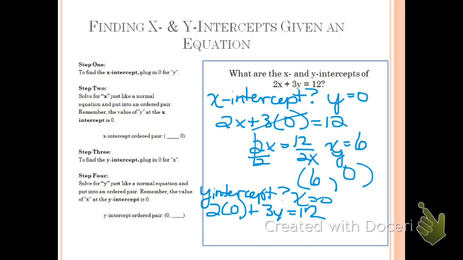Well, 2 times 0 is 0, so you can cross that off, and you'll get 3y is equal to 12. Divide both sides by 3, which will cancel out those 3's, so therefore y is equal to 4, and so the y-intercept is equal to 0, 4. One thing that will make this easier, yes, you're replacing it with 0, but I like to call this the cover-up method.